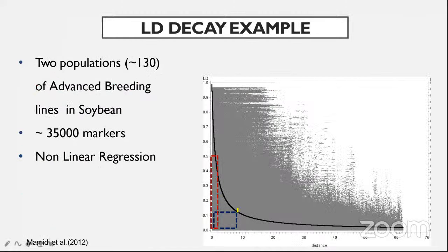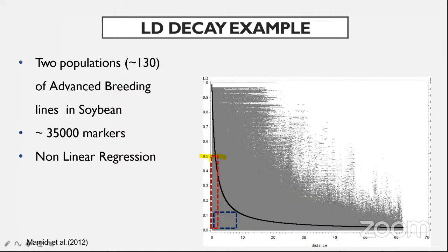So here is an example. On the x-axis, I have the distance in megabase pairs. This is for soybean, using 2 populations of soybean and around 35,000 markers, and I used a nonlinear regression approach. If you could see, if I take a value of 0.5, this corresponds to a correlation of 0.7 or more, or minus 0.7 or less.